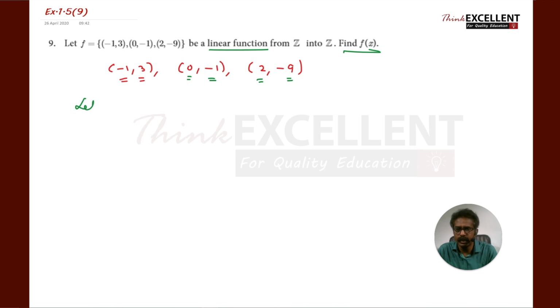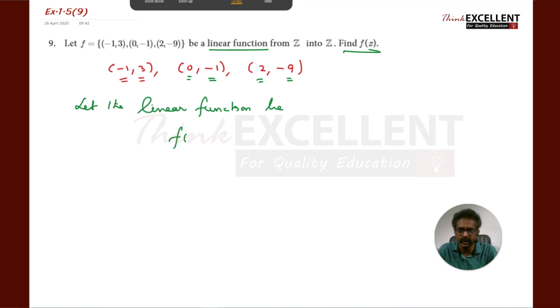So let the linear function be f(x) equal to ax plus b, or y equal to f(x). So you can write even y equal to ax plus b. This is your final answer.